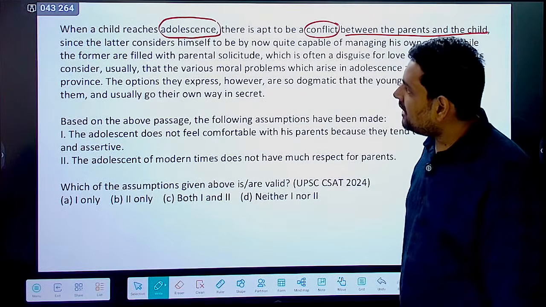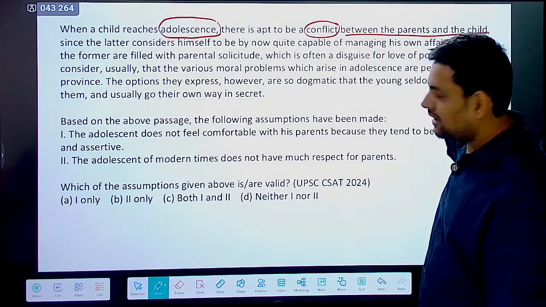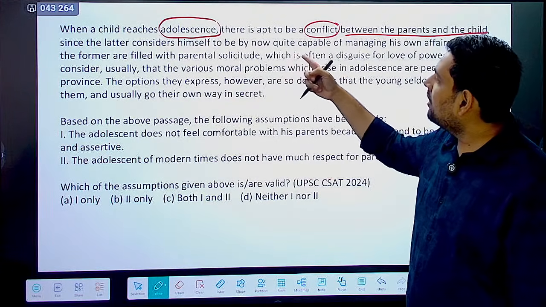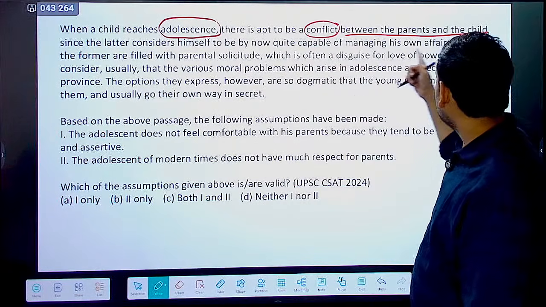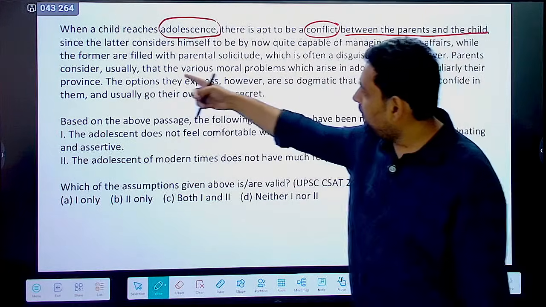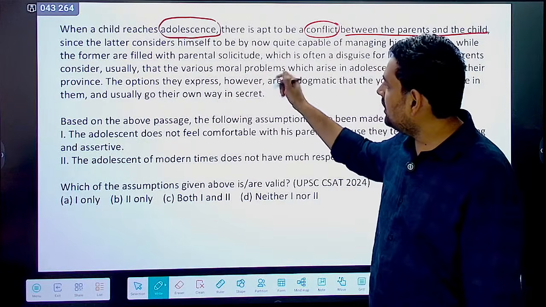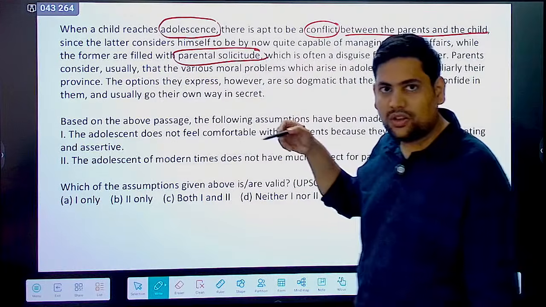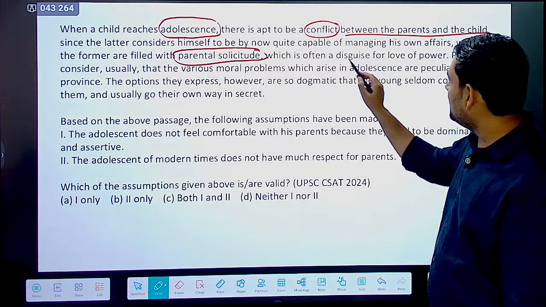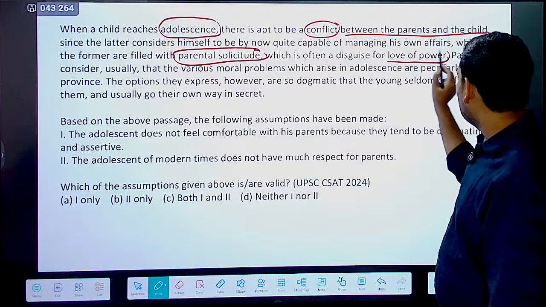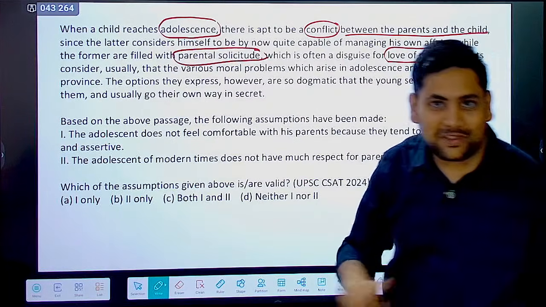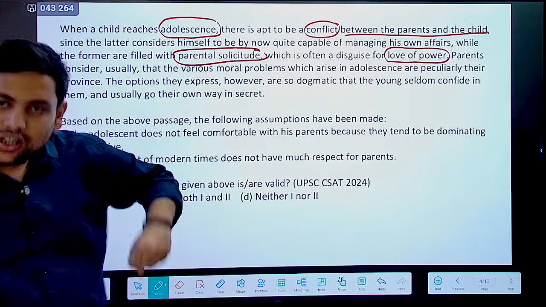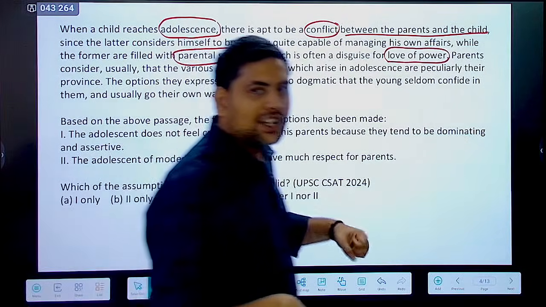Then, since the latter, that is the child, considers himself to be by now quite capable of managing his own affairs, while the former are filled with parental solicitude, which is often a disguise for love of power, not power of love, love of power. That is, parents want to control their children completely, correct.